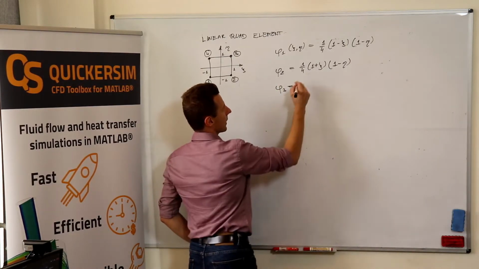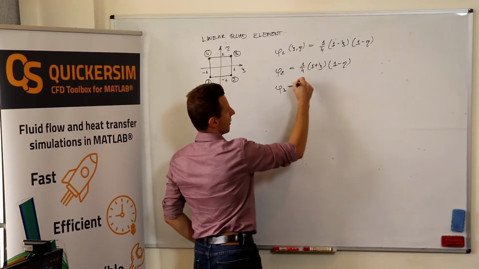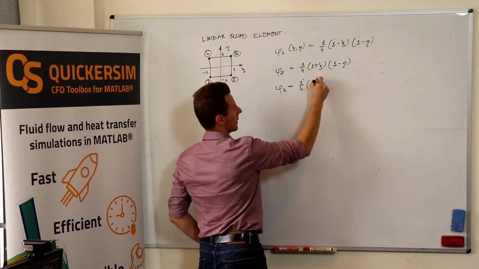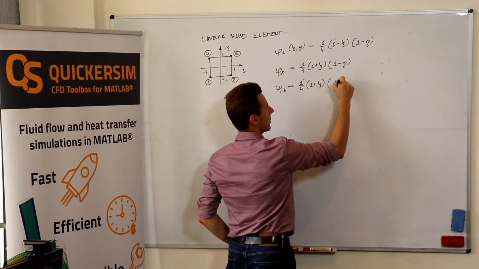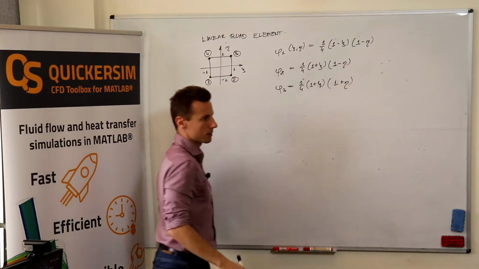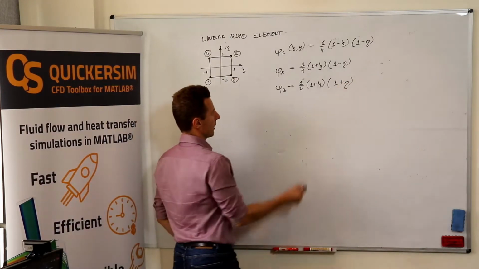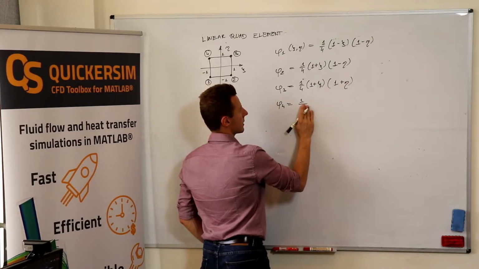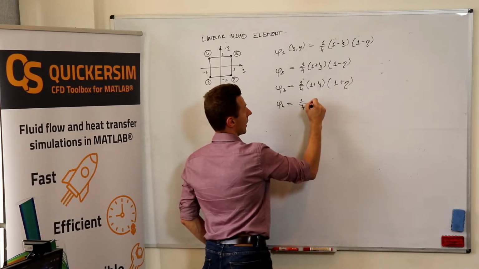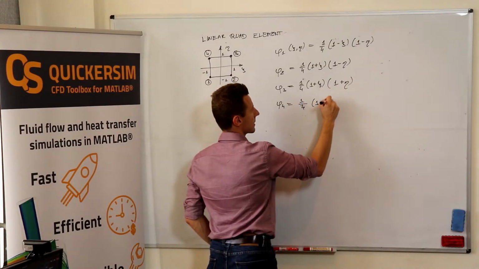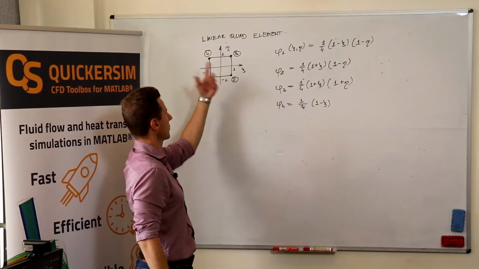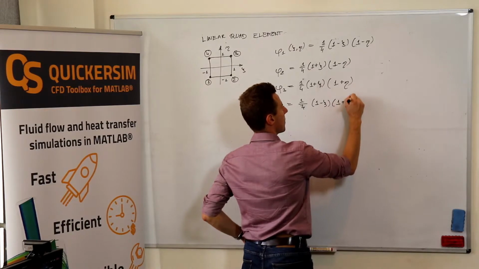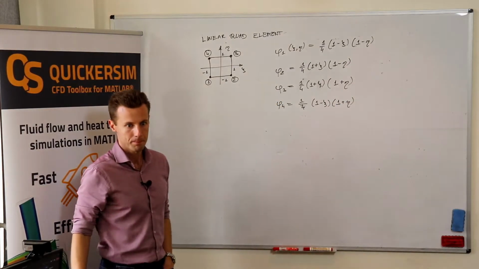Phi 3 is, okay, we are not changing anything for psi, but right now we need to do something different with the eta direction, and phi 4 is 1 divided by 4. Well, 1 minus psi, because again it needs to give something non-zero for negative psi, and 1 plus eta. Good.